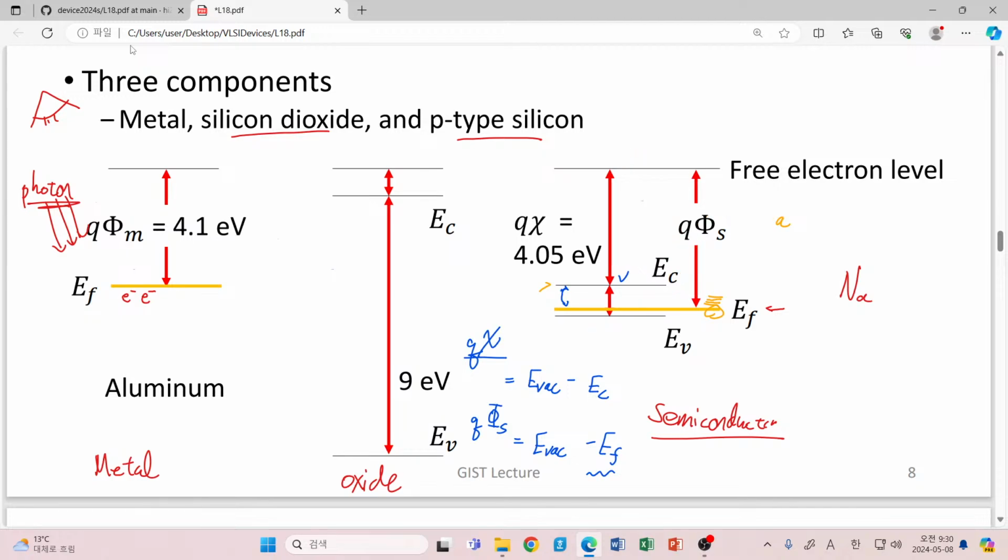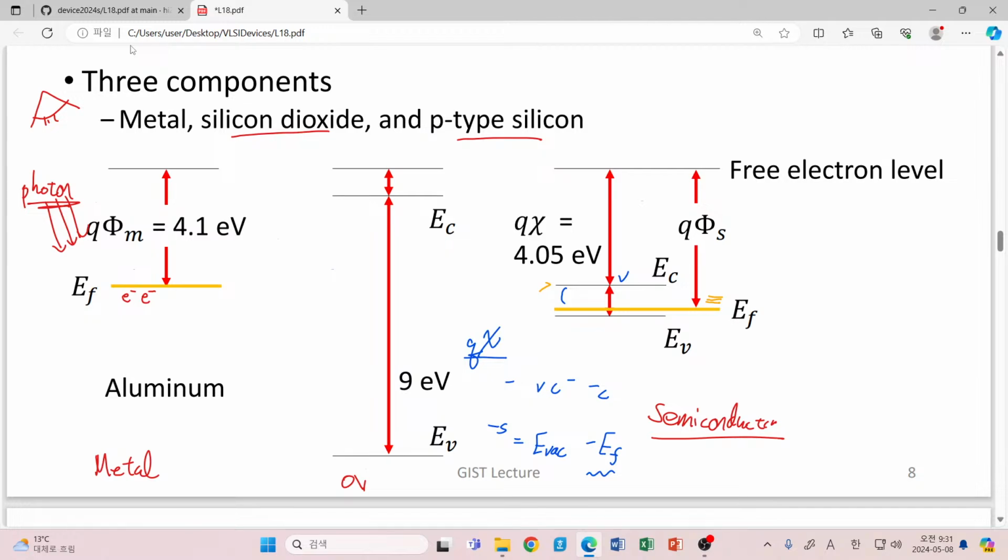For example, the vacuum level, called the free electron level, the conduction band of silicon dioxide, the conduction band of silicon, the valence band of silicon dioxide, the valence band of our silicon, and also the Fermi level of our metal and the Fermi level inside p-type silicon. Which one should be a continuous quantity and which one is allowed to show discontinuity?